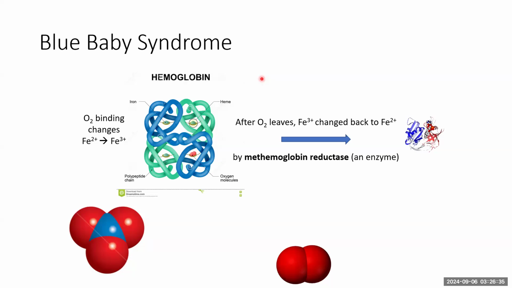Everybody with me so far? I'll give folks a moment to catch up. This is methemoglobin, sorry, this is methemoglobin reductase. This is a picture of the enzyme. So this is the enzyme that takes the oxygen off the heme and makes iron back into its +2 state.